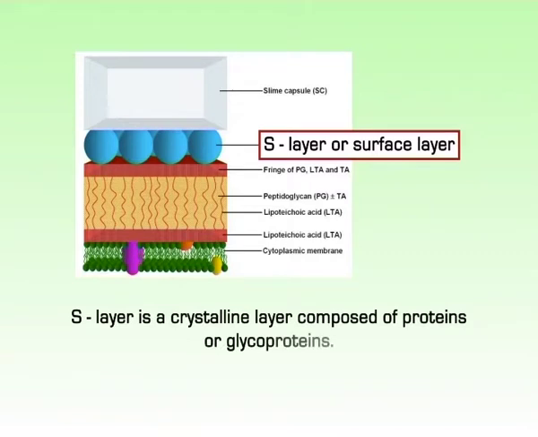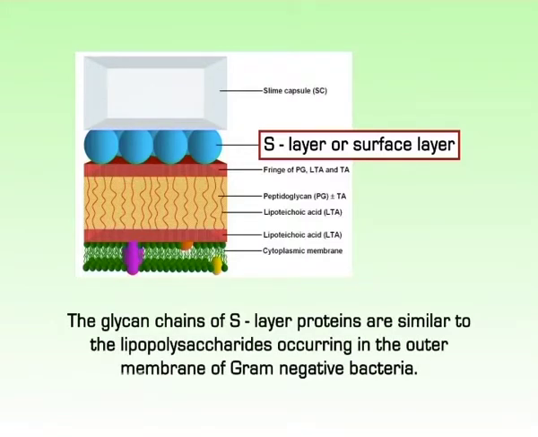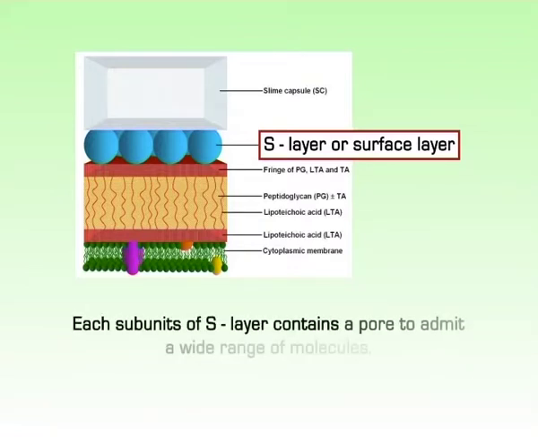This S layer is a crystalline layer which is composed of proteins or glycoproteins. And the glycan chains of S layer proteins are similar to the lipopolysaccharides occurring in the outer membrane of gram-negative bacteria. Each subunit of the S layer contains a pore to admit a wide range of molecules.